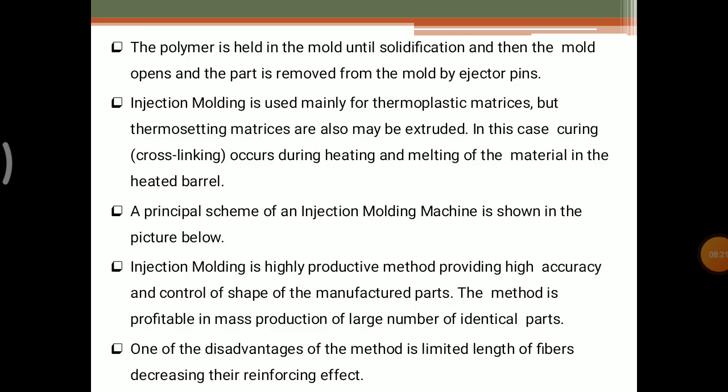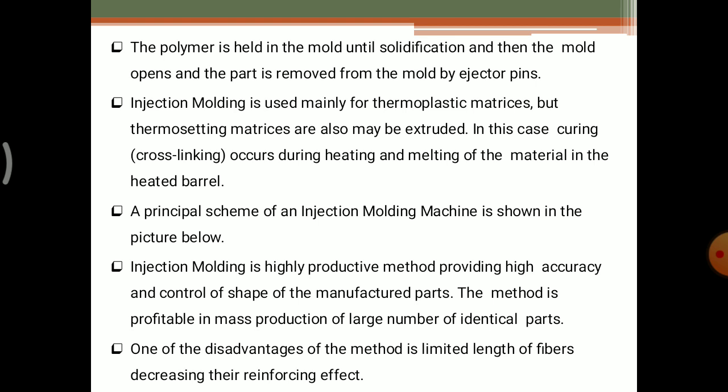So next, the polymer is held in the mold until solidification. Solidification means when the molten material is converted from the liquid state to the solid state, that is, to the harder part of the region, and then the mold opens and the part is removed from the mold by ejector pins.